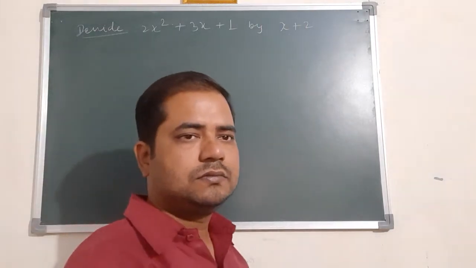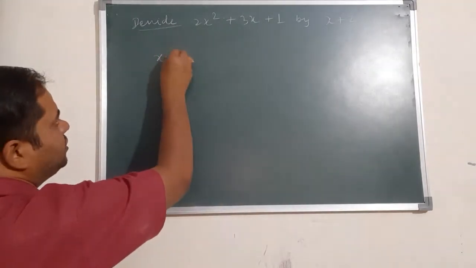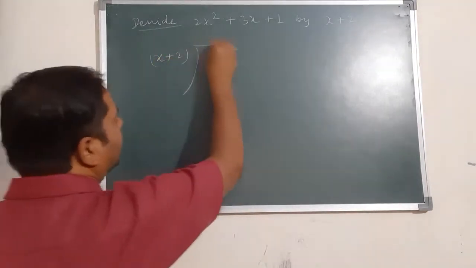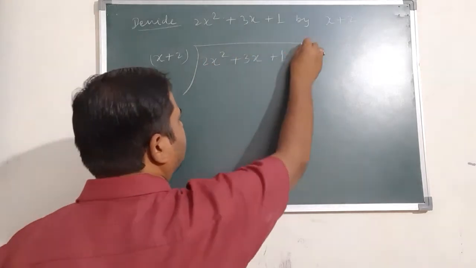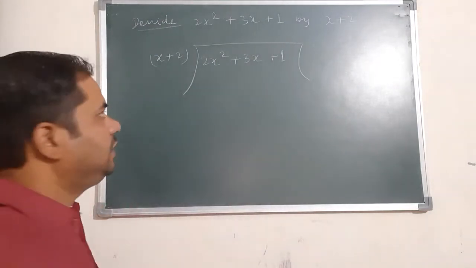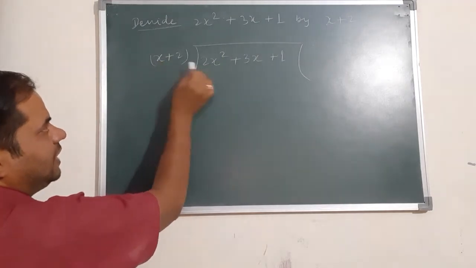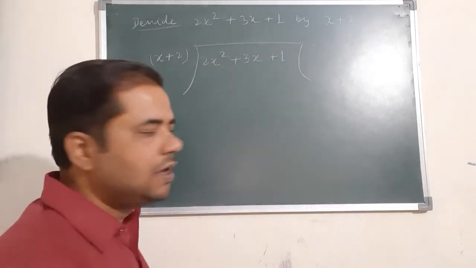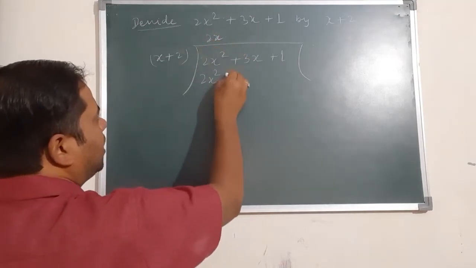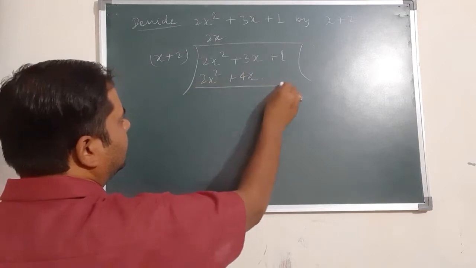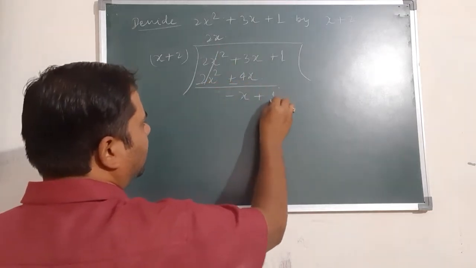See the division. X plus 2 is here, and 2x square plus 3x plus 1. Now, there is 2x square, so what should we multiply in x so that we get 2x square? If we multiply by 2x, this is 2x square plus 4x. So this is cancelled out, and this is minus x plus 1.